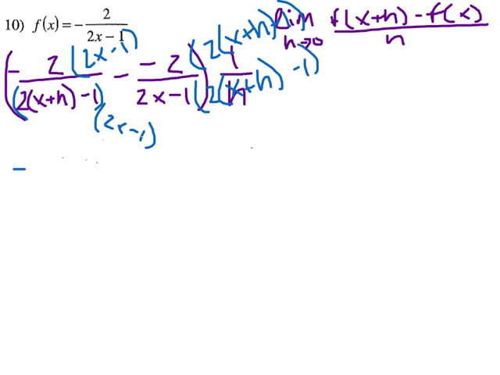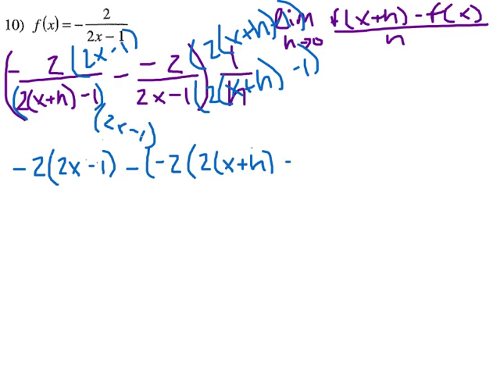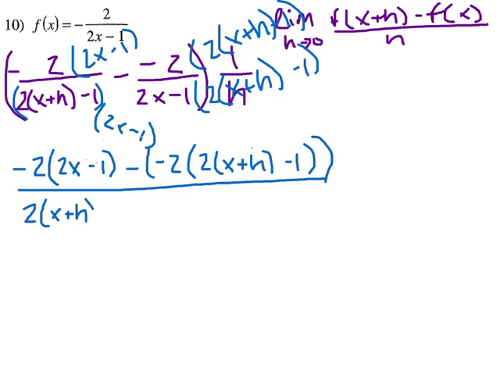When we do that, we have negative 2 times 2x minus 1 minus negative 2 times 2 times x plus h minus 1, and that is all over 2 times x plus h minus 1 times 2x minus 1.